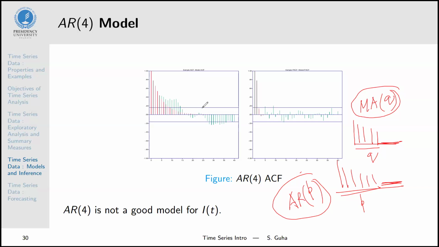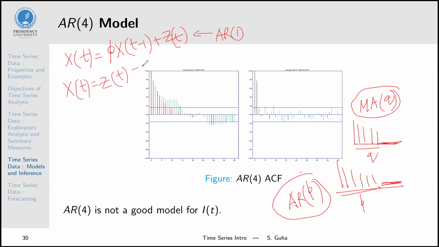So what we can do is somehow combine this AR and MA together to form something called the ARMA model, autoregressive moving average. So what is the idea? The autoregression models are like this. On the other hand, this is MA1.